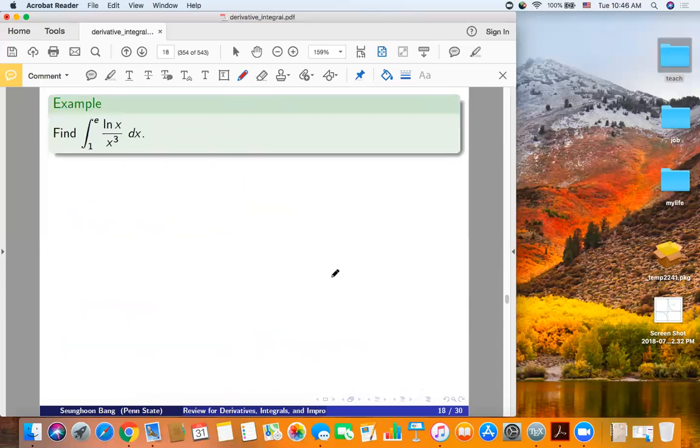The next one, how can you solve this problem? The same, we have 5 methods: integration formula, u substitution, integration by parts, trigonometric substitution, or partial fractions.